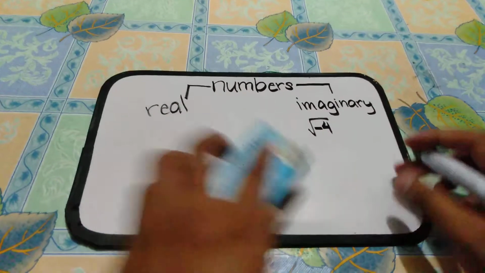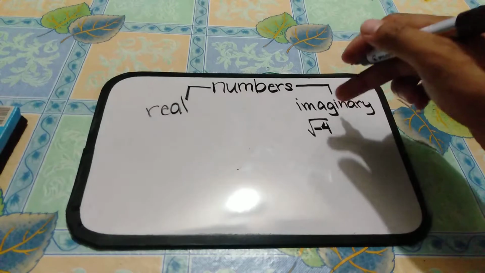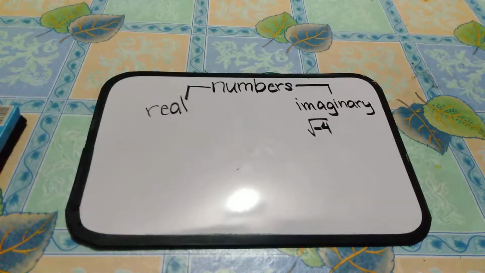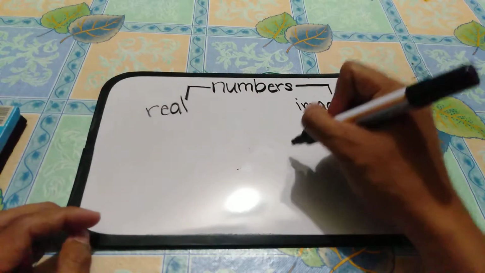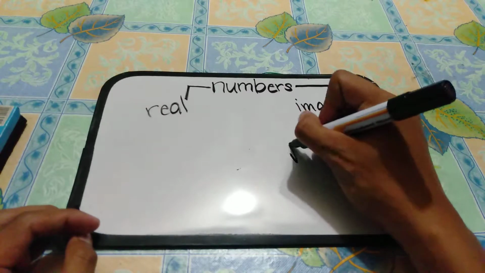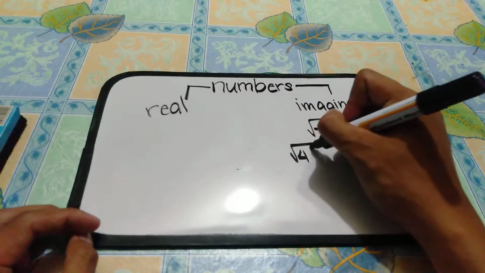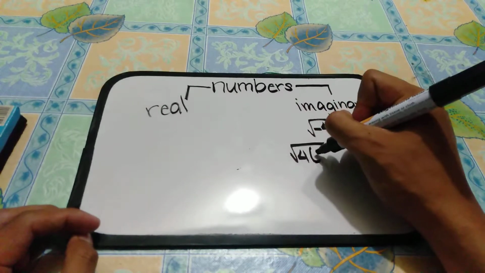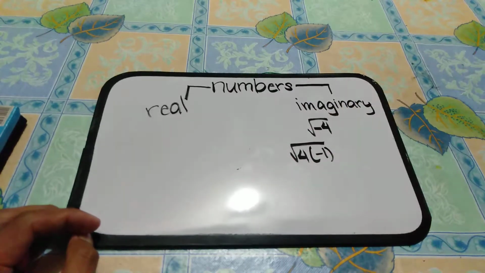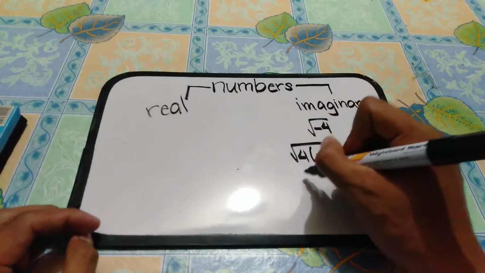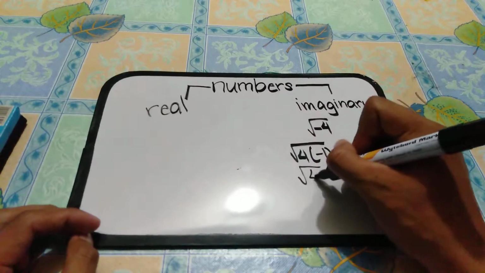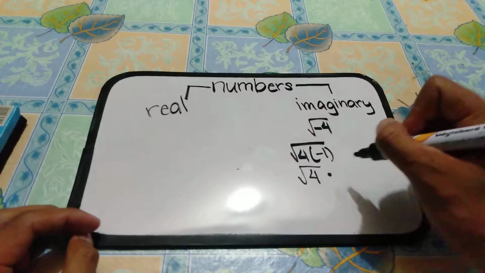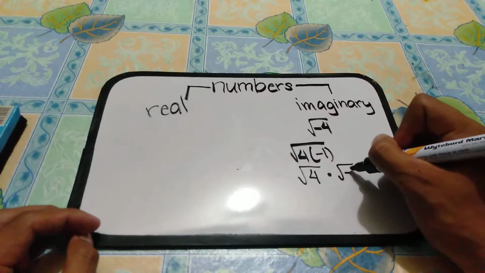Let's have square root of -4. We can write this one as square root of 4 times -1, or we have square root of 4 times square root of -1.